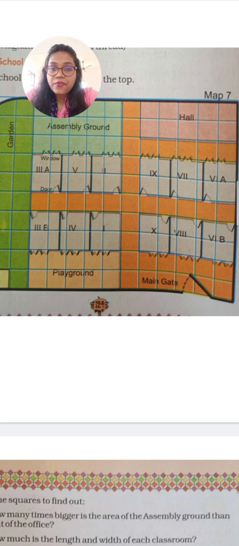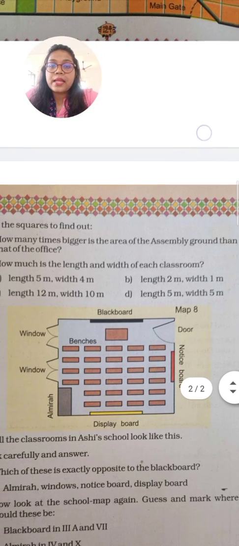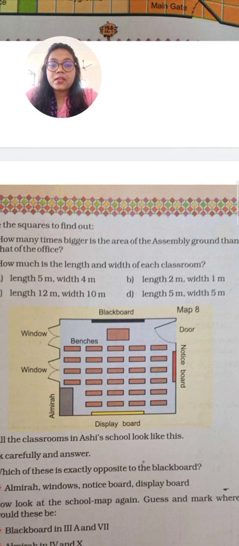If you count, there are 5 boxes in length and 4 boxes in width. So the width is 4 meter and the length is 5 meter. So your answer would be A: length 5 meter and width 4 meter.